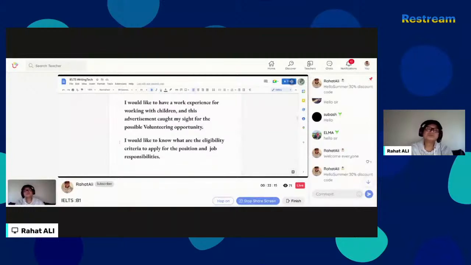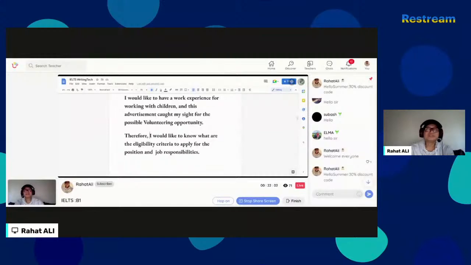So, or therefore, I'd like to know what the eligibility criteria are to apply for the position and the job responsibilities, or sometimes we call them job description. It's very important for you to know your job description and responsibilities, what you must do while you are on your duty at your office.